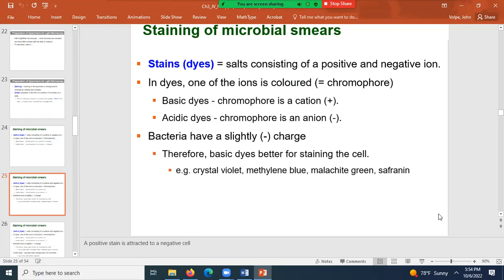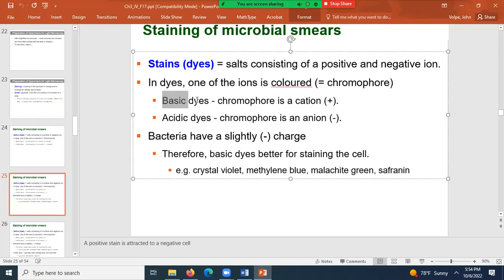Most stains in microbiology are using a basic dye. And the reason for most stains in microbiology to be basic dyes is bacteria have a slightly negative charge. Therefore, the cell tends to stain with a basic dye because the basic dye is positive charge.